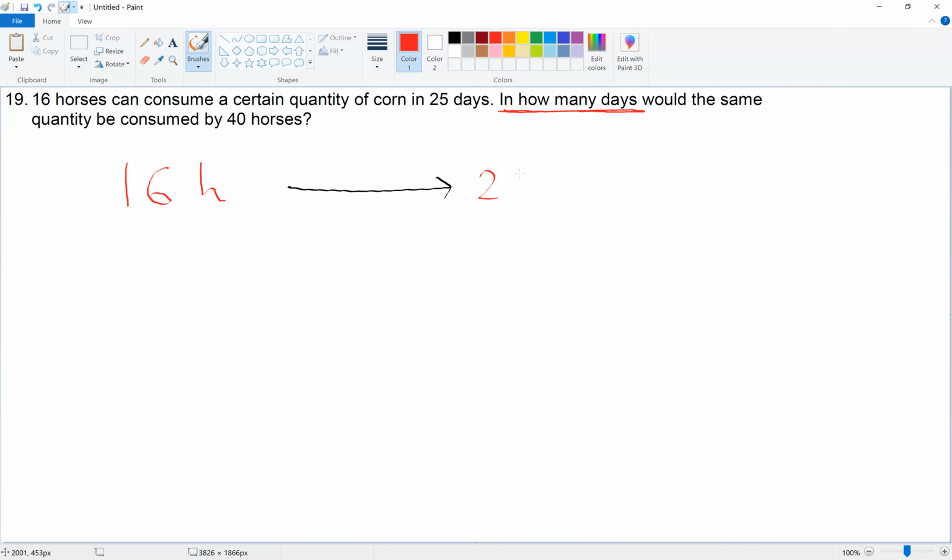Then divide that by 40. Yes. That makes 10. Do you understand or no? Why we multiplied in the second step? Yeah.